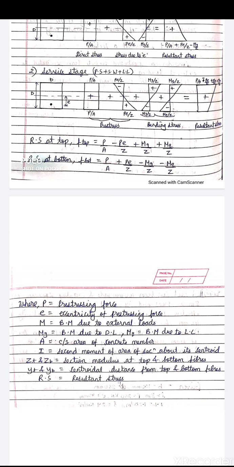A is the cross-sectional area of the concrete member, I is the moment of inertia, ZT and ZB are the section modulus at the top and bottom fibers respectively. Similarly, YT and YB are the centroidal distance from the top and the bottom fibers, and RS is nothing but your resultant stress. So now with this knowledge we can actually proceed to solve the problems.